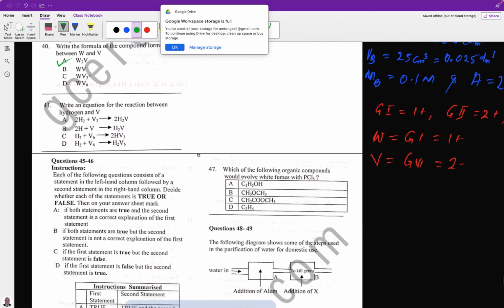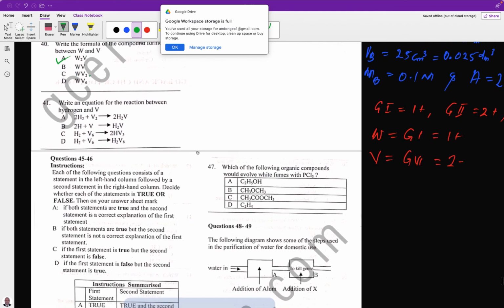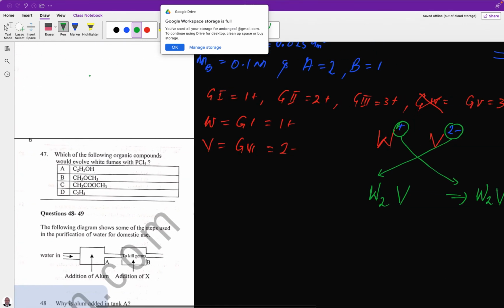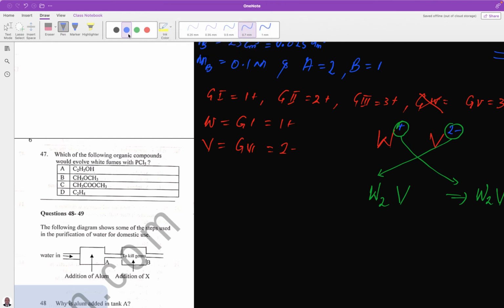Write an equation for the reaction between hydrogen and V. This is hydrogen, and this is V. Hydrogen is H2.